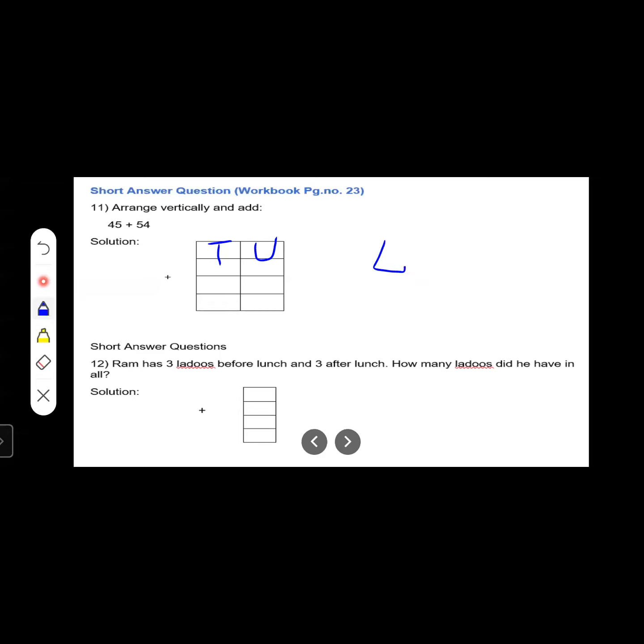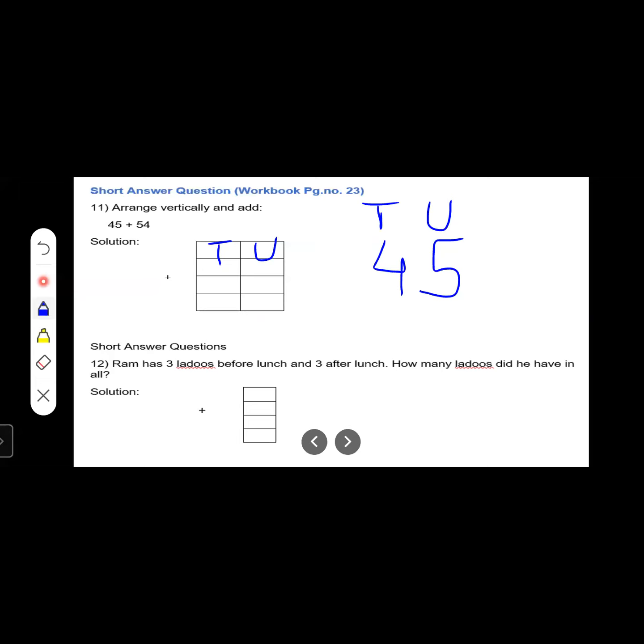What is the first number given? 45. Now tell me, 4 is in which place? Tens place. This we have already studied in place value, how to find out the place value of a number. Revise it, okay? Don't forget. So 4 is in the tens place and 5 is in the units place.